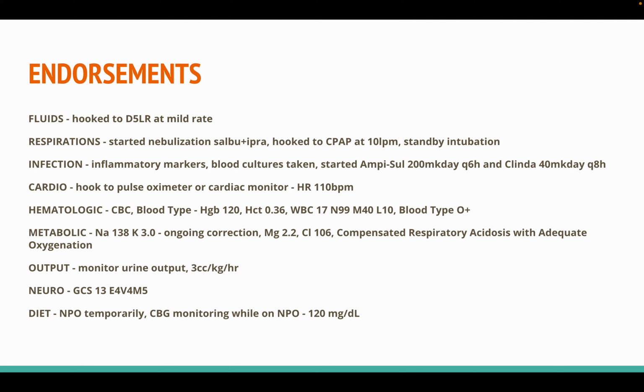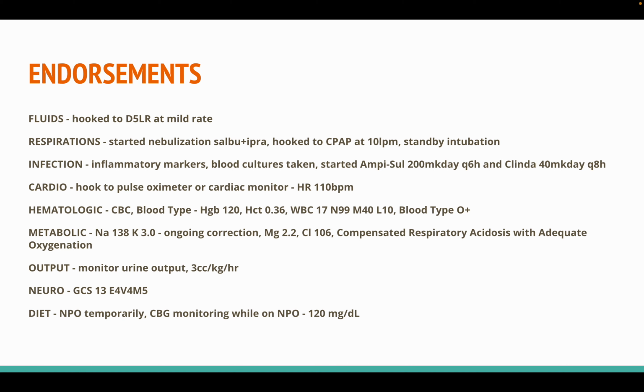And then hematologic wise, CBC and blood type taken with the following results. Hemoglobin of 120, hematocrit of 0.36, increased WBC of 17, with neutrophil predominance of 99, monocytes of 40, lymphocytes of 10, and blood type of O+. And then metabolic, the following are the electrolyte results: sodium of 138, hypocalcemia of 3, so ongoing correction ka na.